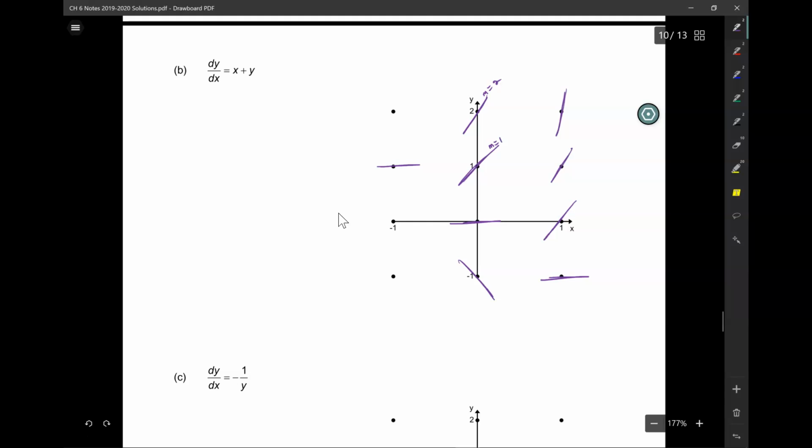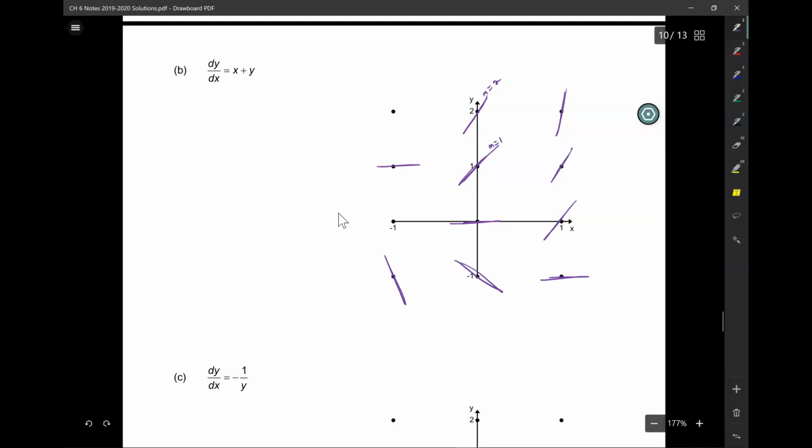So bottom left, we're at -1 and -1. So that's -2. So this one is a little bit more, here, I'll make this a little bit more slanted.